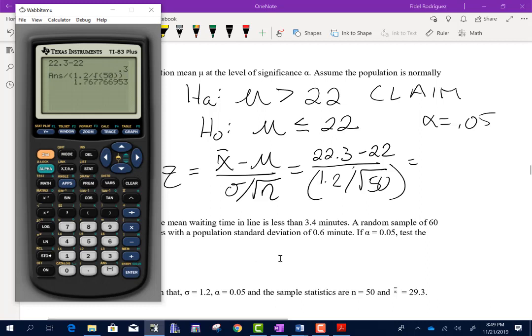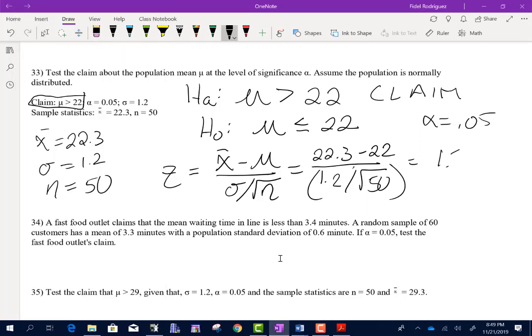So the z value that I'm coming up with here is 1.77, if I go to 2 decimal places. So far, so good? Are we okay in what we did so far, guys? I just want to make sure we're all good. Yeah, we're good? Okay. So 1.77, right?